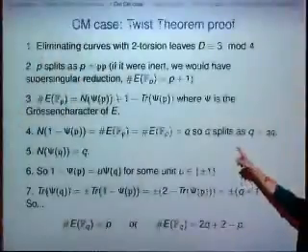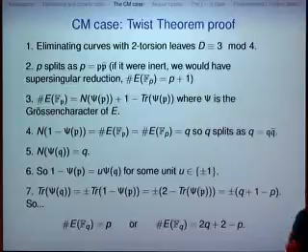Anyway, when we look at p, it has to split. This is because the inert case corresponds to supersingular reduction, and in supersingular reduction, the number of points would be, in particular, even. So p splits as frak p and its conjugate.